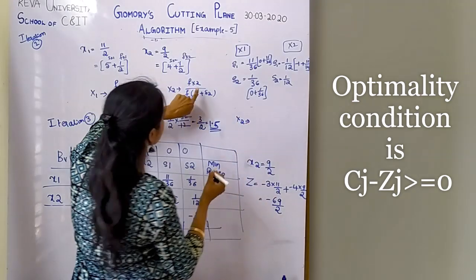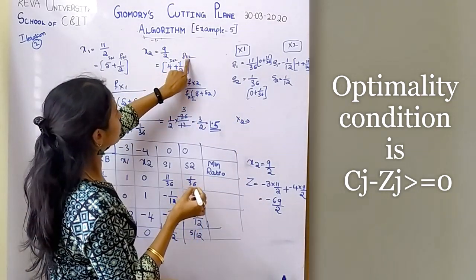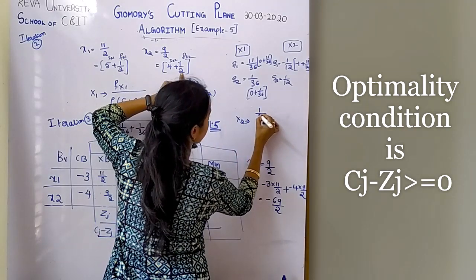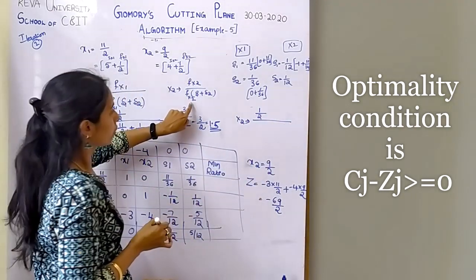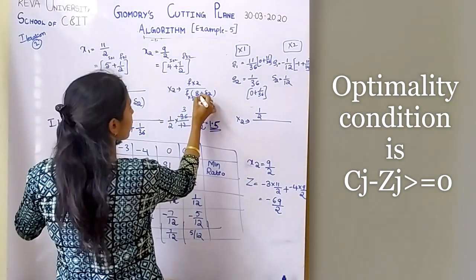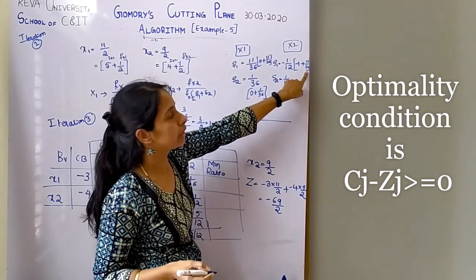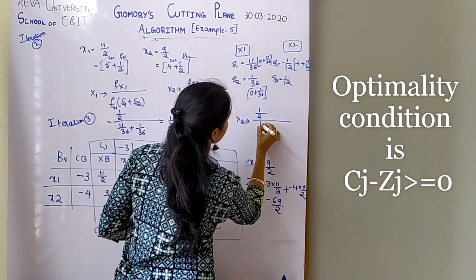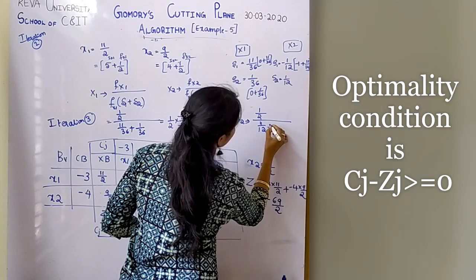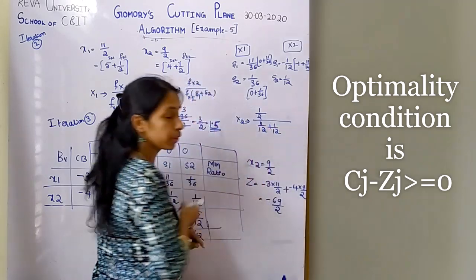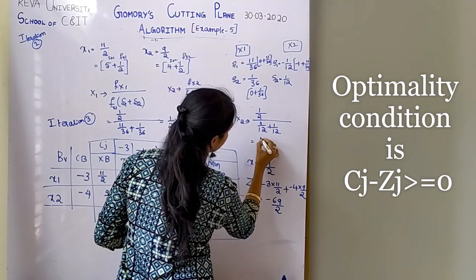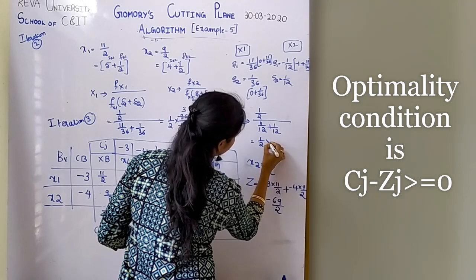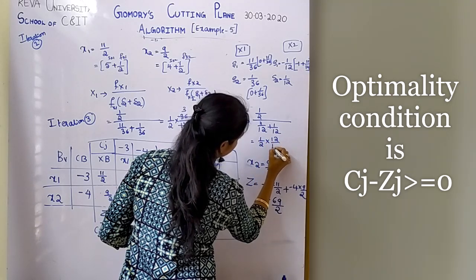Now, find out the fractional part for x2. What is the fractional part of x2? Half divided by fractional part for s1 and s2. What is s1? Fractional part 11 divided by 12 plus 1 divided by 12. So you will get 1 divided by 12, 2 into 12 divided by 12.